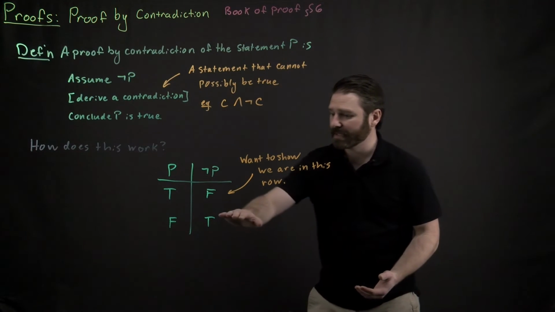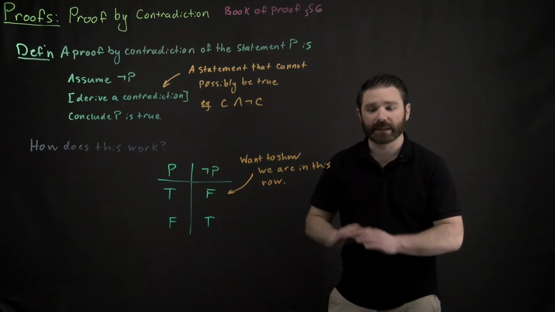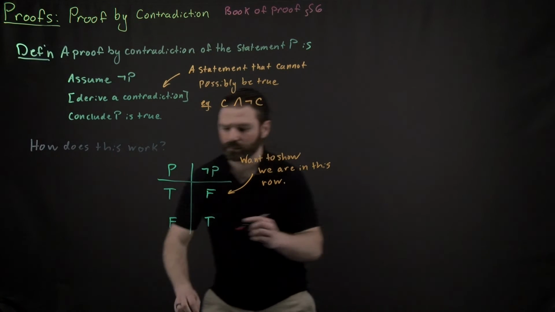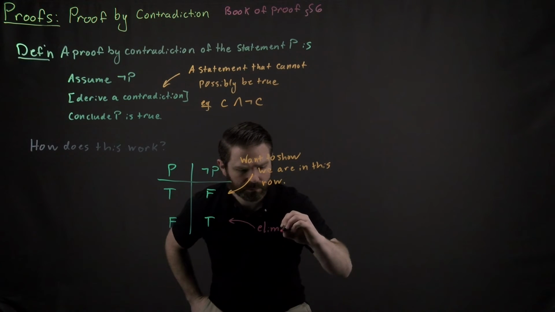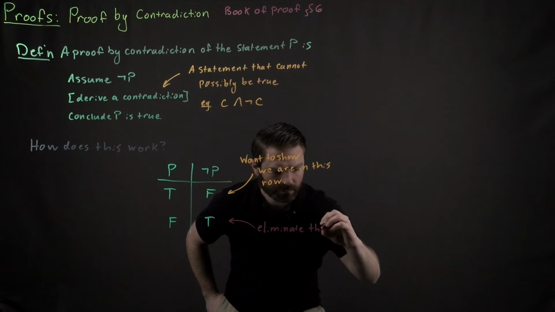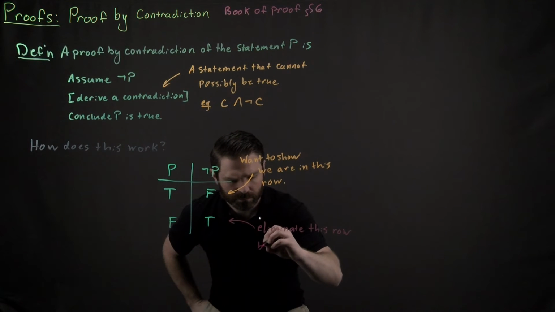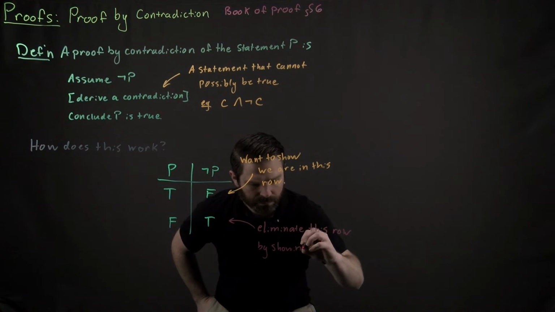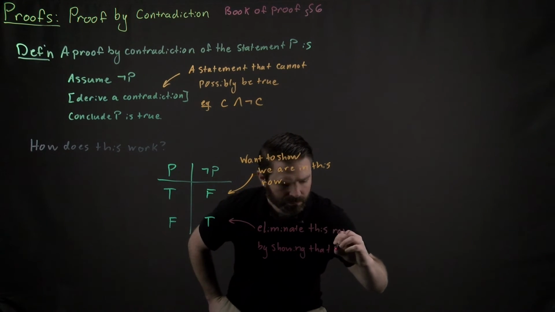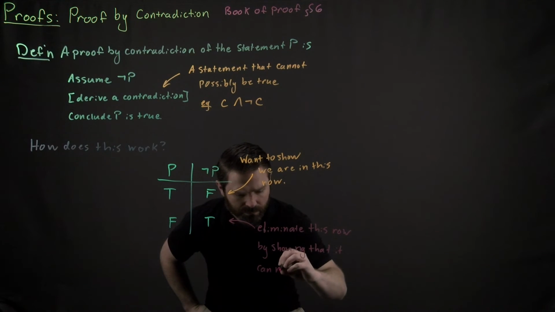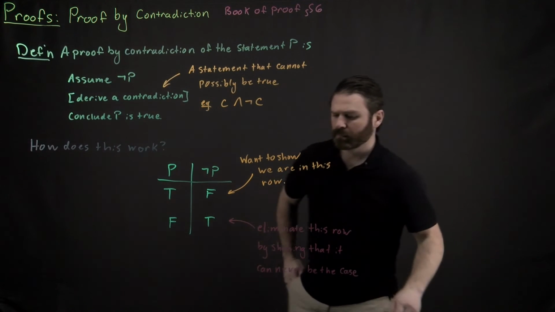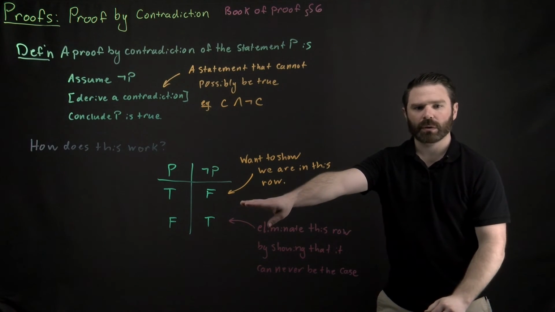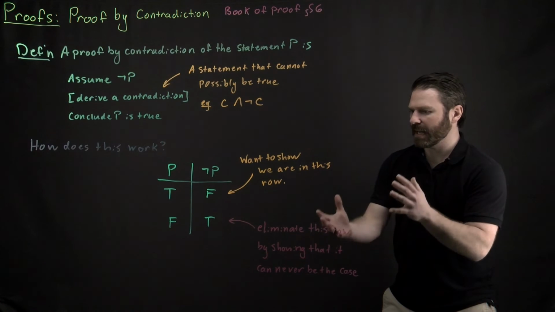So that means that this row would then be eliminated. We want to eliminate that second row by showing that it can never be the case.